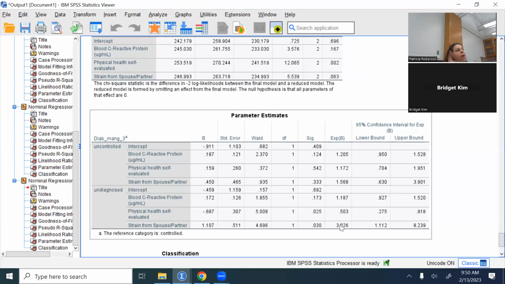So we always want to add that compared to piece. Okay. So here we only have two significant predictors of diagnosis status or controlled status, and it's only for that one pairing.